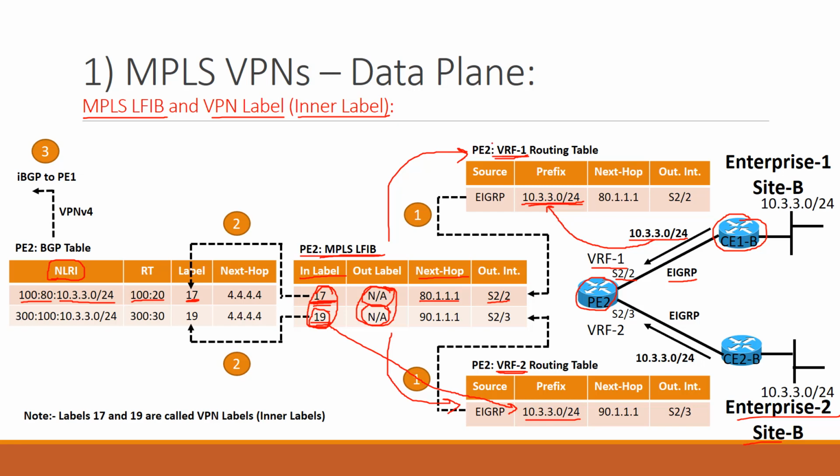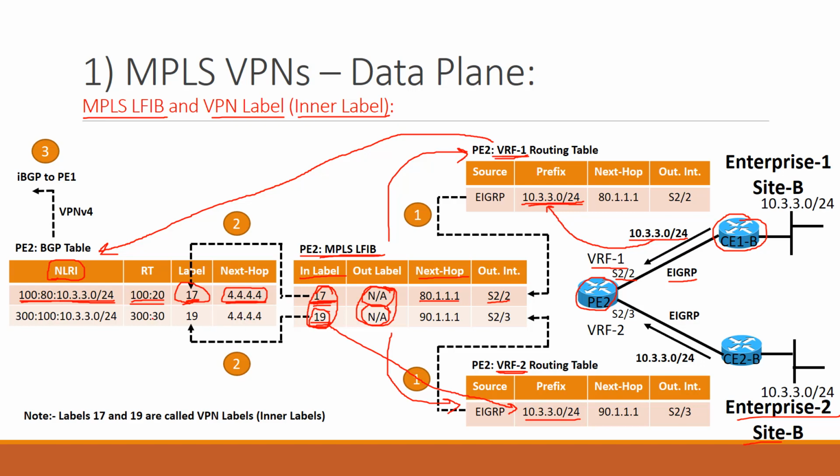When you redistribute from the IGP inside BGP, this is how the BGP table will be constructed, and its elements will be taken from the VRF and from the MPLS label forwarding information base of that VRF. And the next hop will be the same router because it is redistribution. And this is the router ID of PE2.